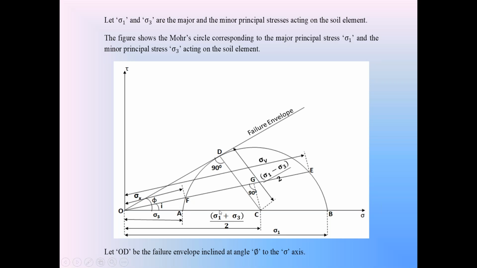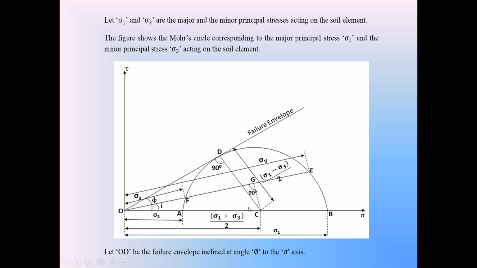The radius AC is equal to radius CB, that is equal to (sigma 1 minus sigma 3) by 2, half of the diameter. The diameter of this Mohr stress circle is AB, equal to sigma 1 minus sigma 3. So the radius AC or CB is (sigma 1 minus sigma 3) by 2.